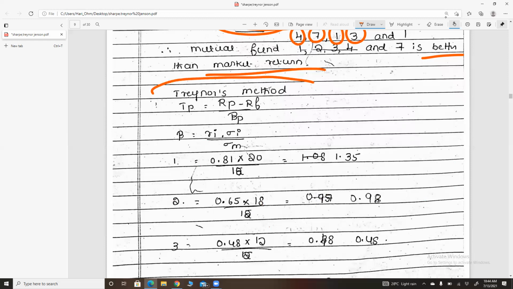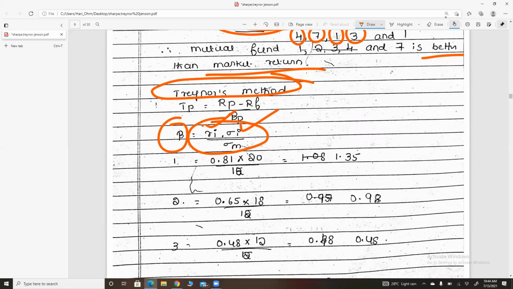Next, under Treynor's method. In this particular question, beta is not directly given, so you need to calculate beta. To calculate beta, this is the formula: correlation coefficient into standard deviation divided by standard deviation M. The correlation coefficient and standard deviation are given in the question, and the standard deviation of the market is given.